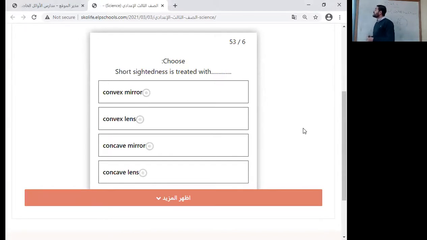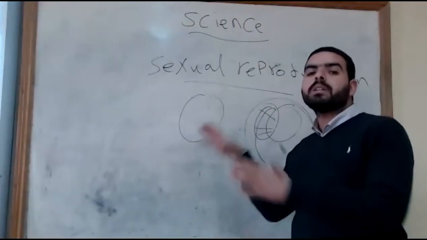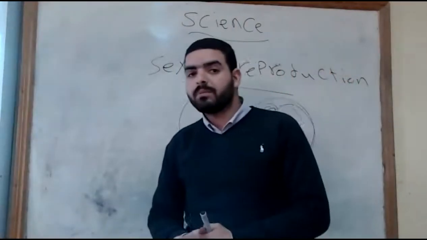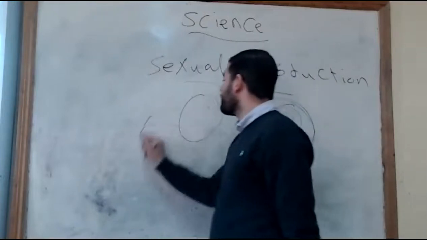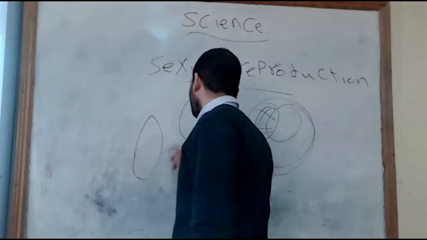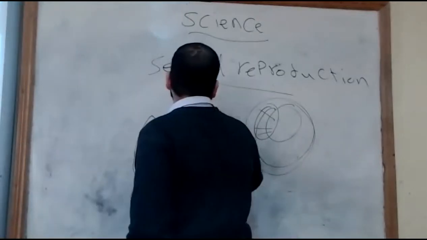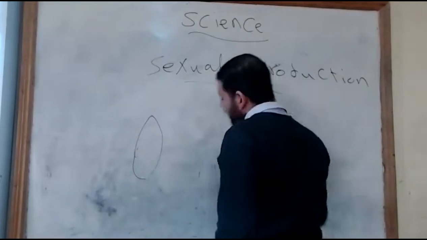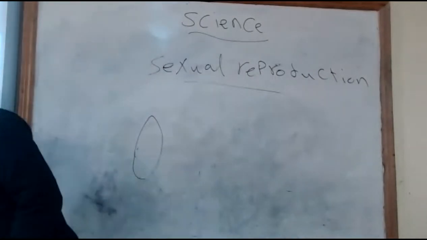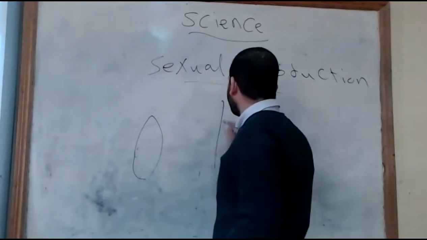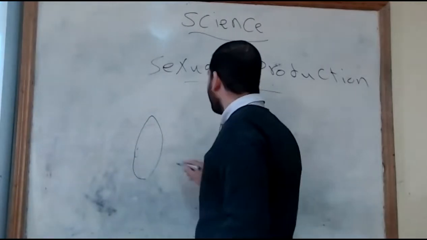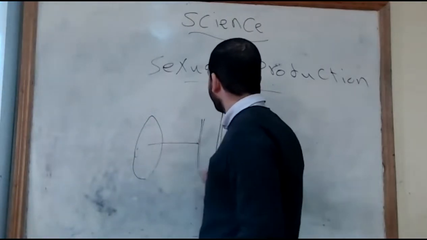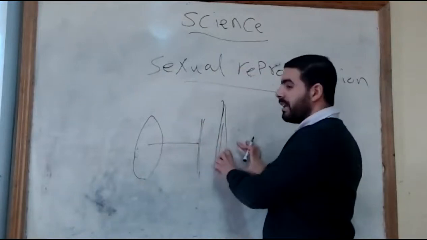Short-sightedness is treated with, as we know, in case of short-sightedness, the image is formed in front of the retina. This is the retina of the eye, and the image is formed here in front of the retina, not on the retina.